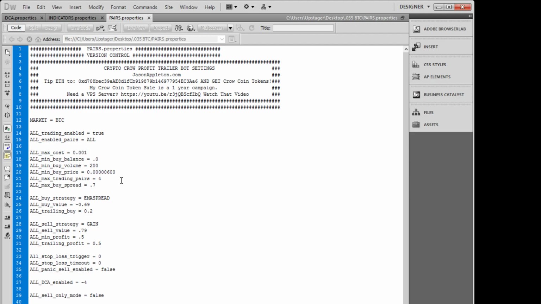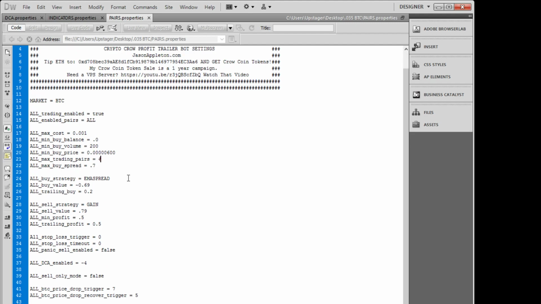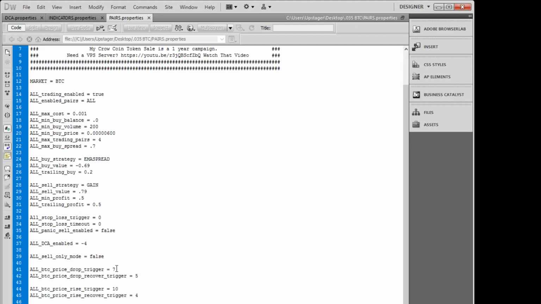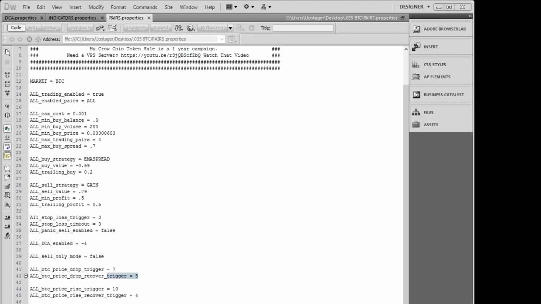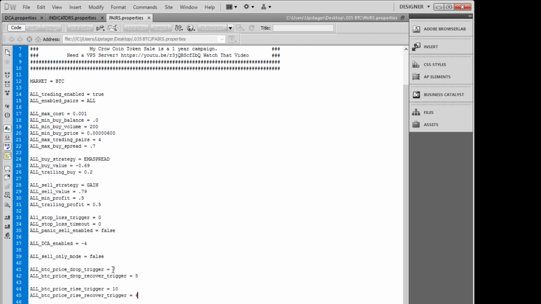Now, the Anderson DCA file is here to protect you. I have triggers in here, basically the highs and lows of Bitcoin. If the Bitcoin price drops 7% or more, you go into sell-only mode.